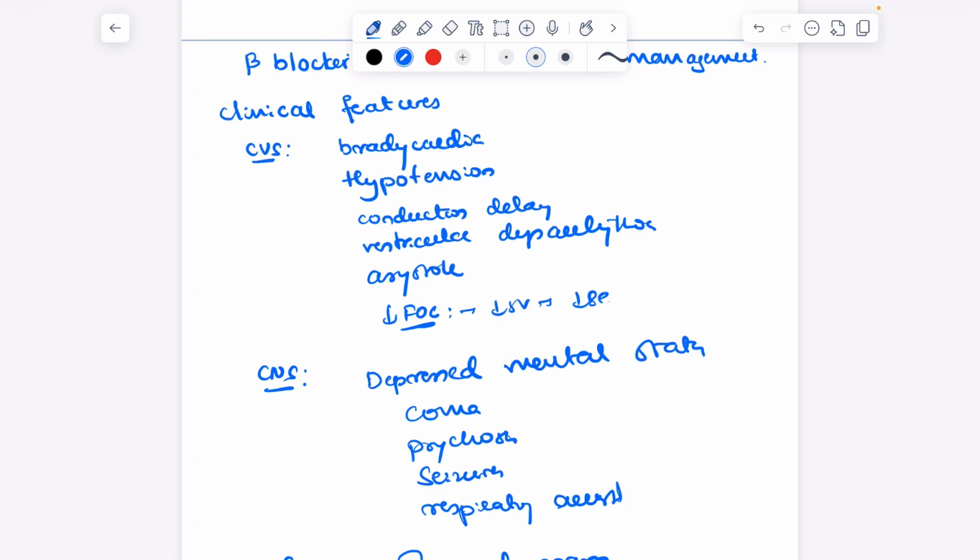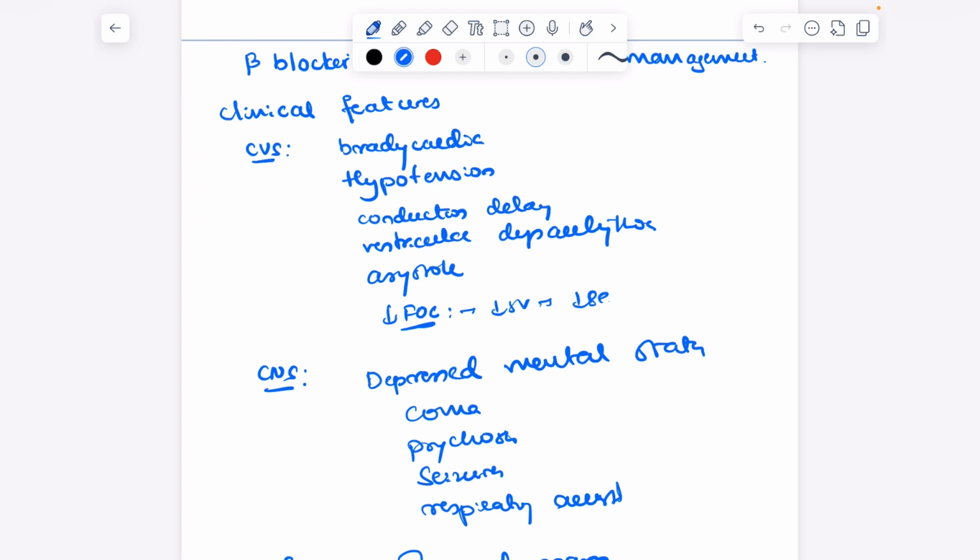All these parameters influence the appearance of clinical features. Highly lipid soluble agents like propranolol, pindolol, penbutolol, timolol, and betaxolol directly cross the blood brain barrier and cause more CNS symptoms, and rapid CNS symptoms.